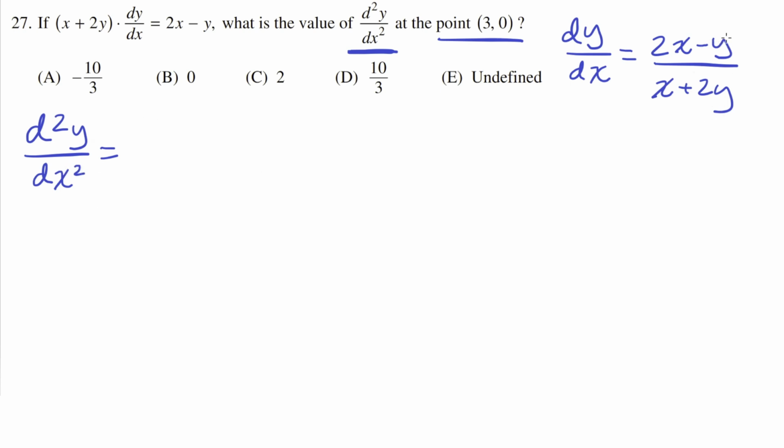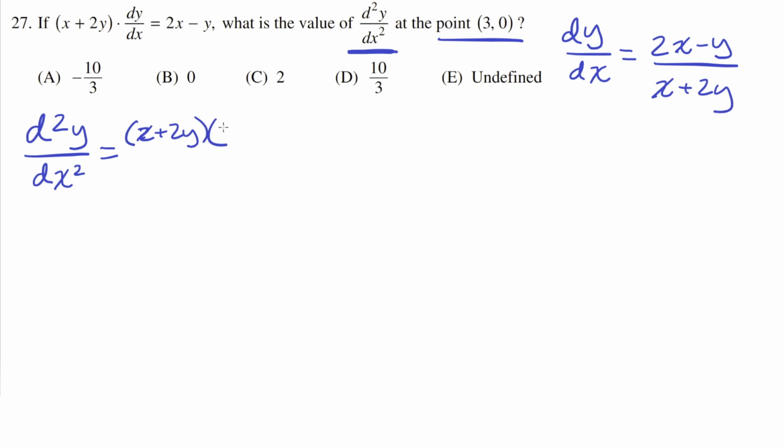And since we see some y values on the right-hand side, we'll have to implicitly differentiate. So here's how we do it. Since this is a division of two functions with x and y, we'll have to use the quotient rule. So we'll multiply the denominator, x + 2y, times the derivative of the numerator.